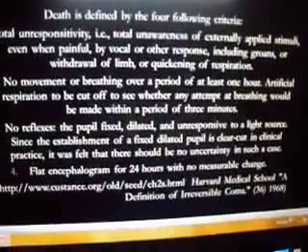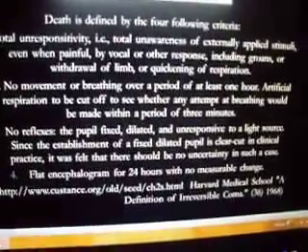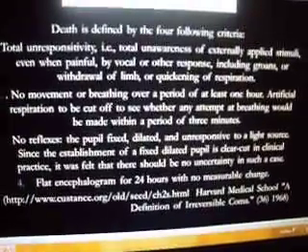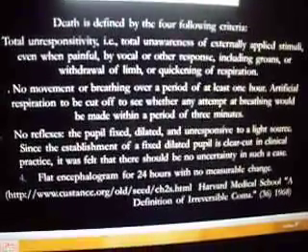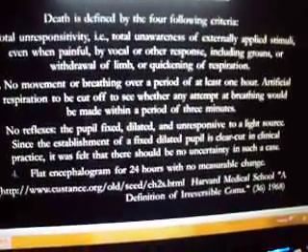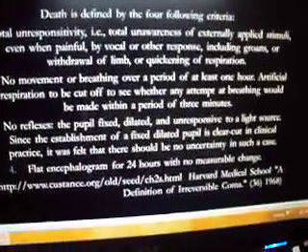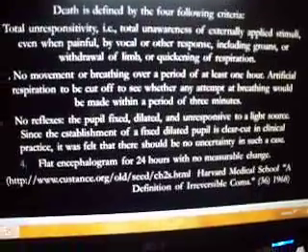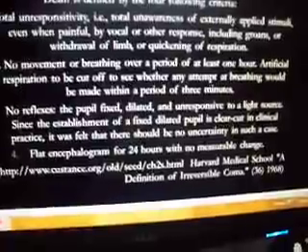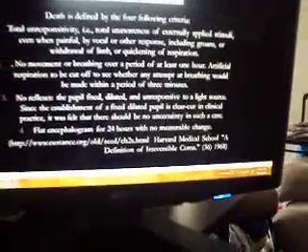No movements or breathing over a period of at least 1 hour. Artificial respiration has to be cut off to see whether any attempt at breathing would be made within a period of 3 minutes. No reflexes, the pupils fixed, dilated, and unresponsive to a light source. And flat electroencephalogram for 24 hours with no measurable change.